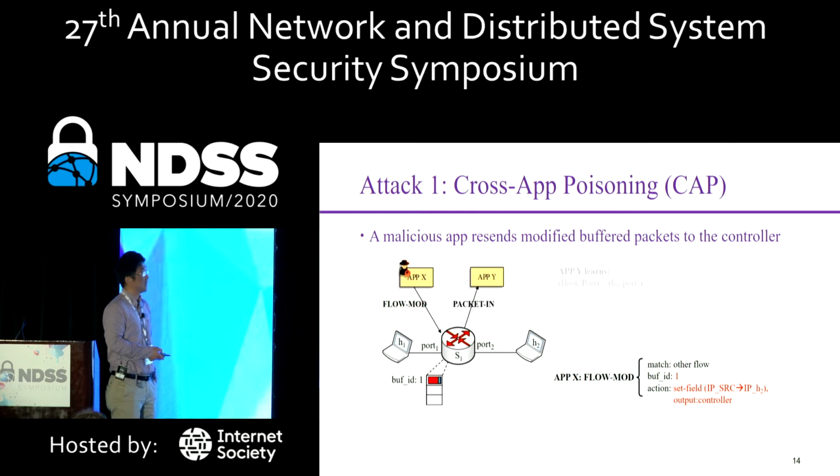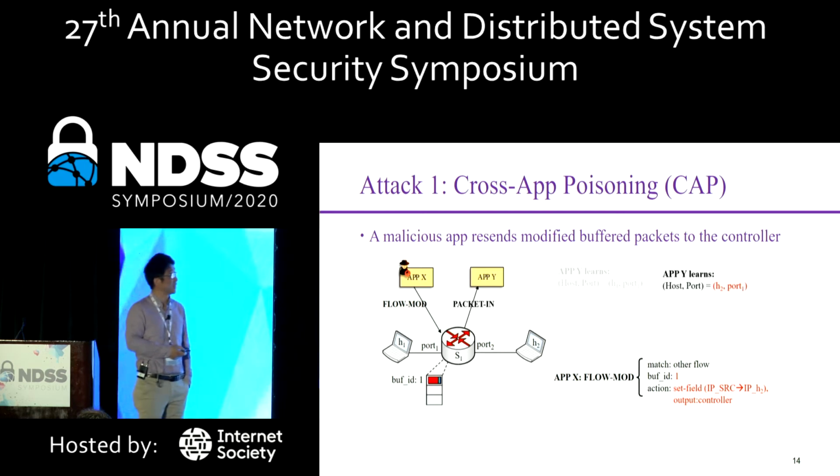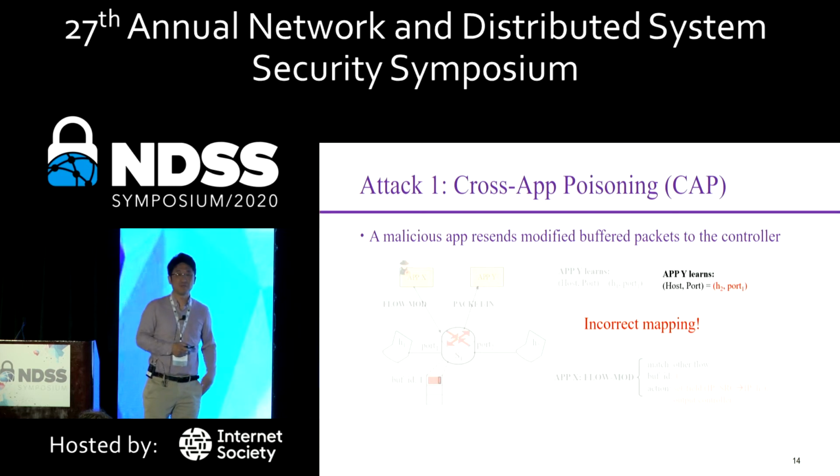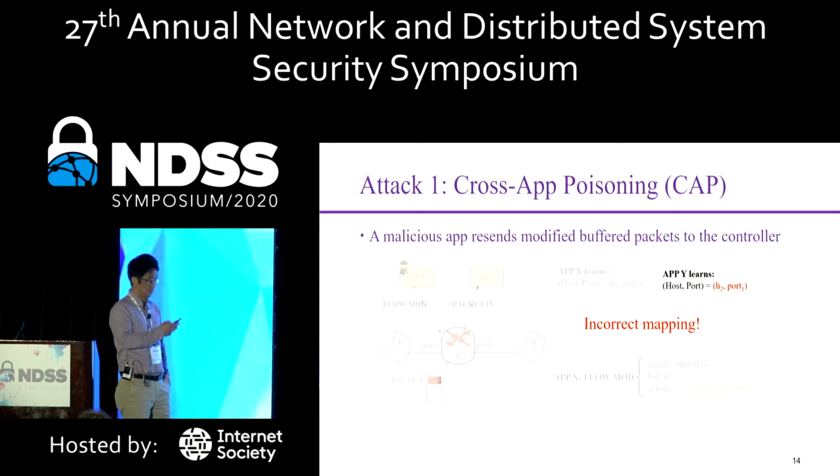When this happens, another packet-in message will be sent from the switch to the controller and received by app Y. App Y will learn that H2 is also connected to port 1 of switch 1. So we can see here is an incorrect mapping of the network topology.